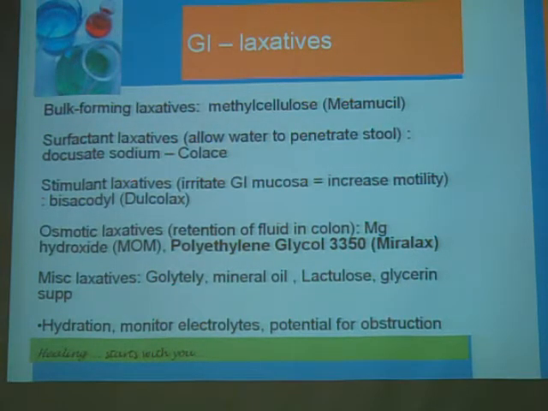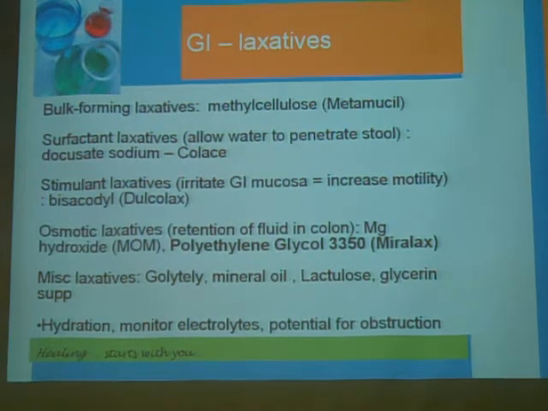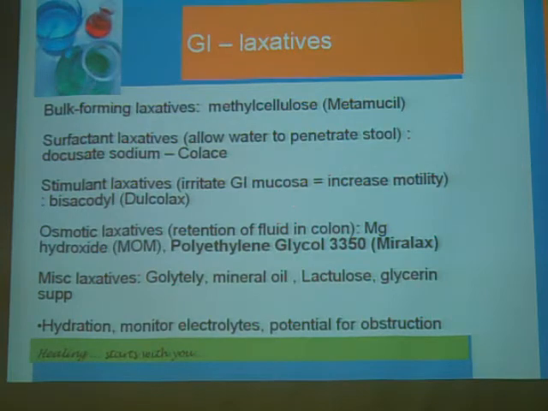The main player is docusate or Colace. You might have seen those little orange capsules that the poor patients have to take. Again, you have to have some sort of water or fluid in the system to work.